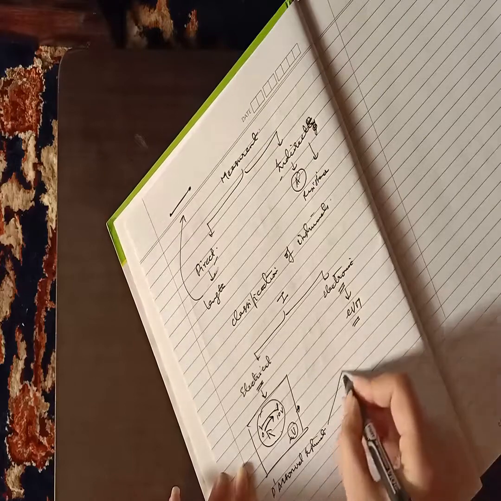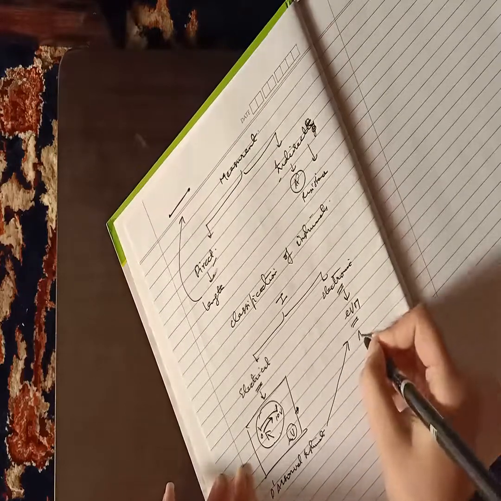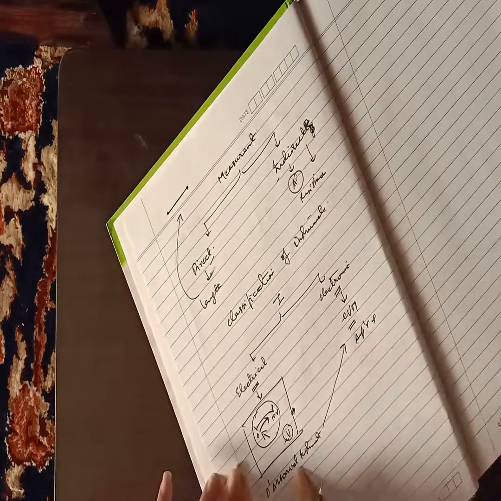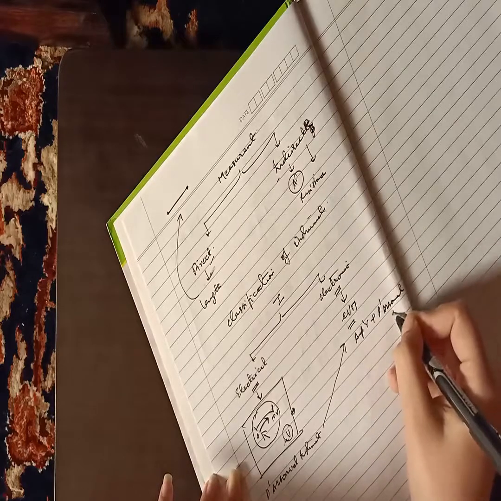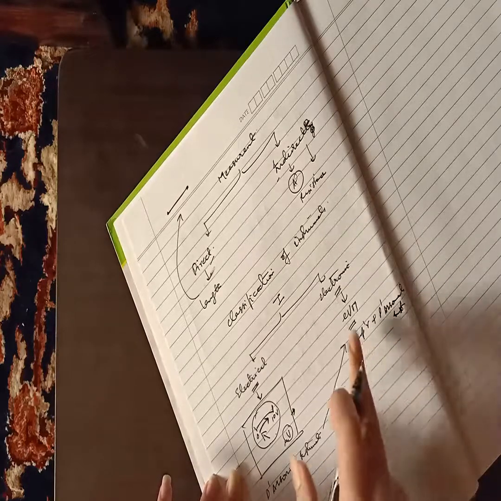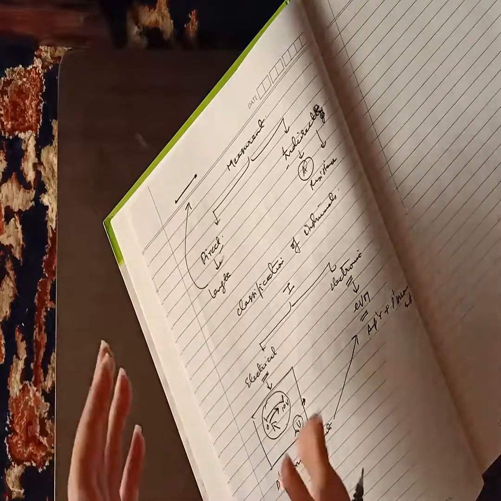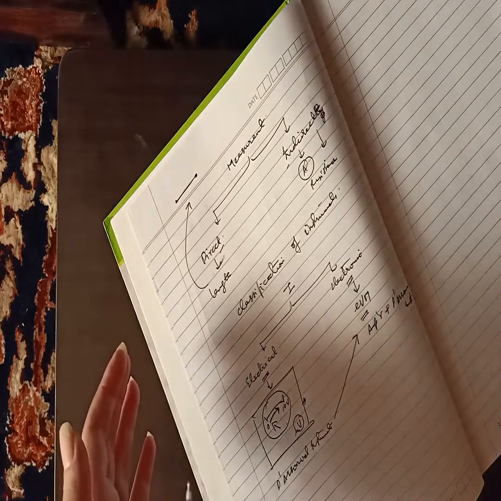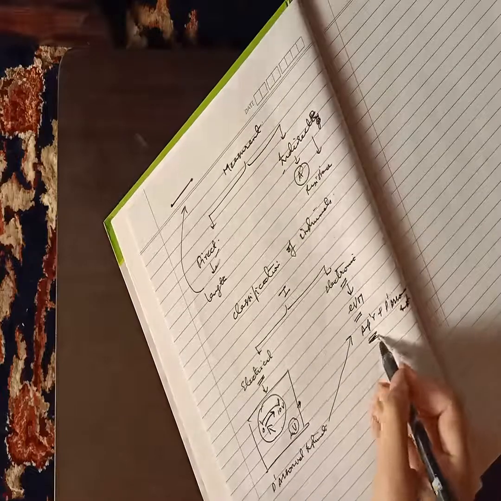This is the same D'Arsonval instrument, but before this we have amplifiers. So amplifiers plus your electrical instrument, or D'Arsonval instrument, gives you your electronic equipment. If somebody asks what is the difference between an electronic measuring instrument and an electrical measuring instrument, the difference is only of the amplifiers.